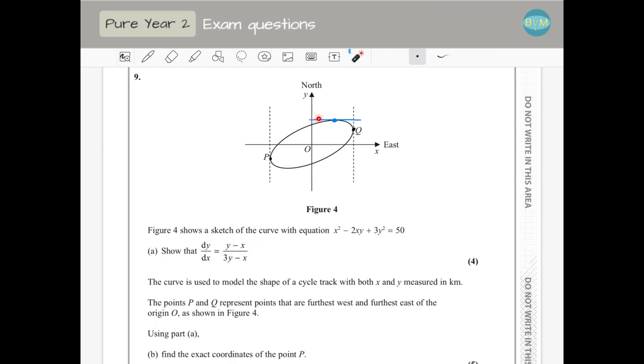If I do the intersection between y equals x and this curve, I'm going to get the two points here that are the maximum and the minimum. The maximum will be the one with positive x and positive y. So it's just explaining that with your own words.